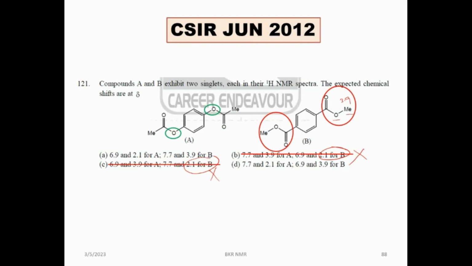Then you have oxygen, which is a plus R group, and this C double bond O, which is a minus R group. Since you have plus R, these should be shielded. So 7.7 is wrong, 6.9 is wrong. It will just take a few seconds; you need to know how you are going to approach the problem. So answer A is the right answer.